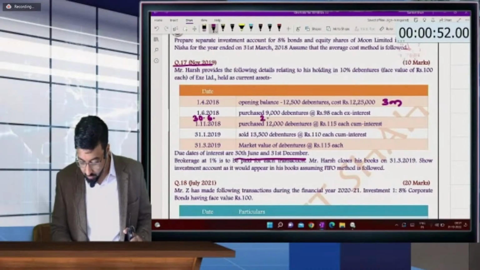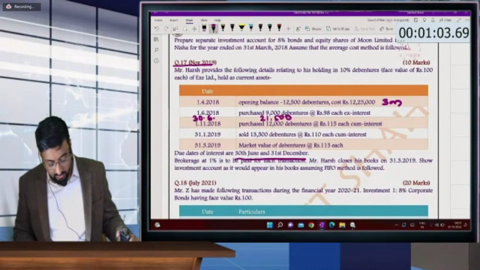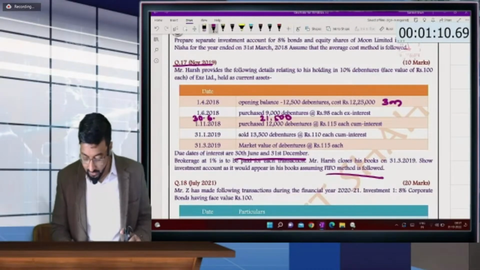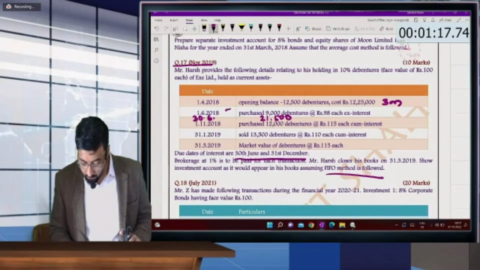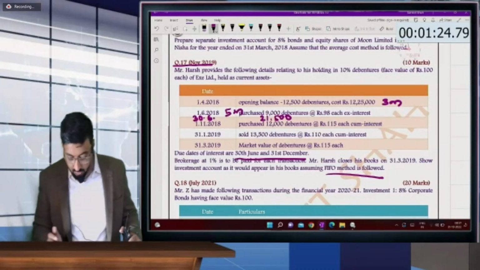So 21,500. 1/11/2018. Again purchase. Then sold beta. अच्छा 1st June में कितने months हो गए? 1st June means 5 months. 1st 11, 7, 8, 9, 10, 4 months.